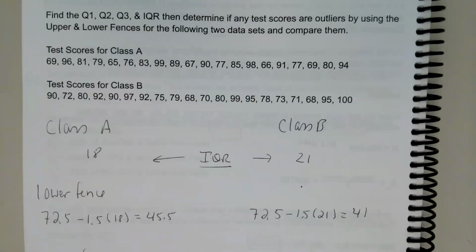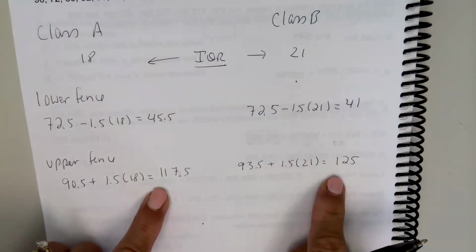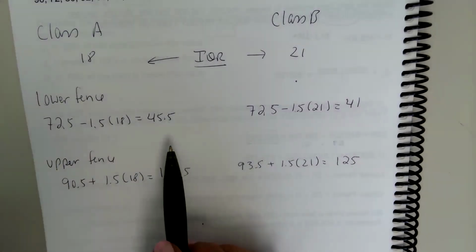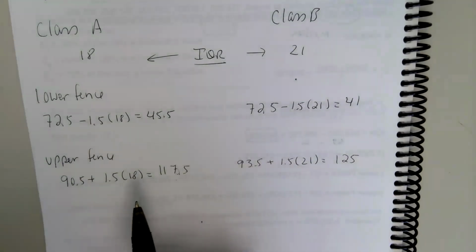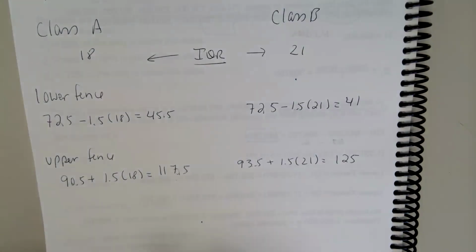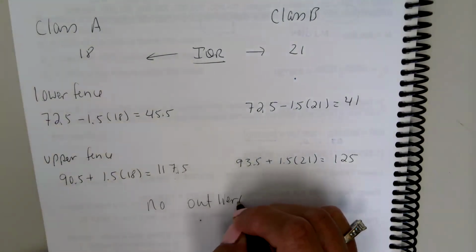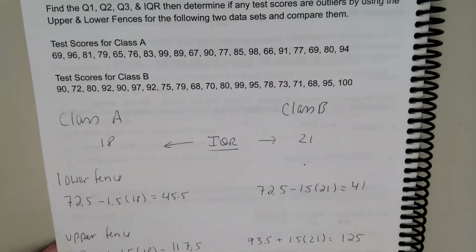So I wrote out the IQRs, then I wrote out the lower fences for each and the upper fences for each. And it does not look like there's any data that's below the lower fence or above the upper fence for either of them. So it doesn't appear to have any outliers. Reach out if you have any questions on that.